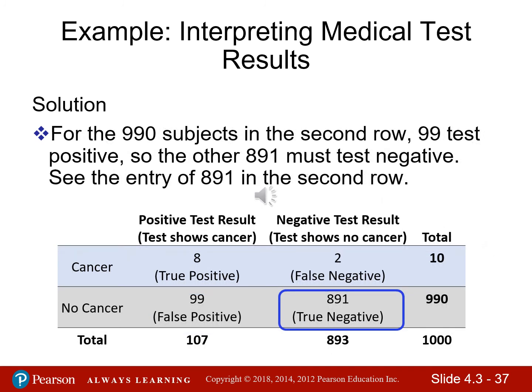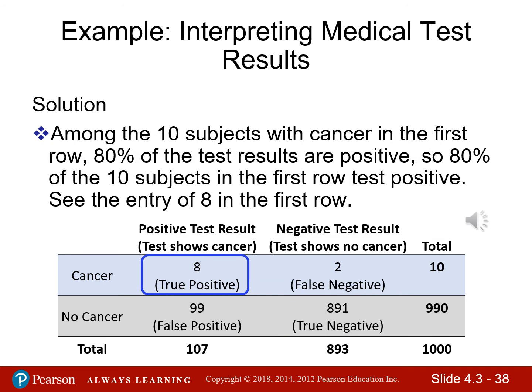For the 990 subjects in the second row, 99 test positive, so the other 891 must test negative. And so we can see the entry of 891 in the second row. So note that 990 minus 99 equals 891.